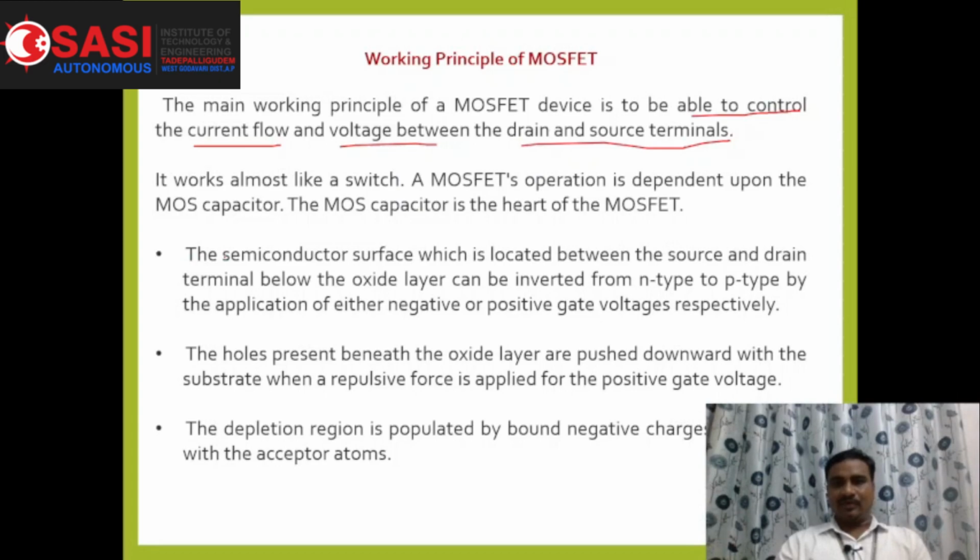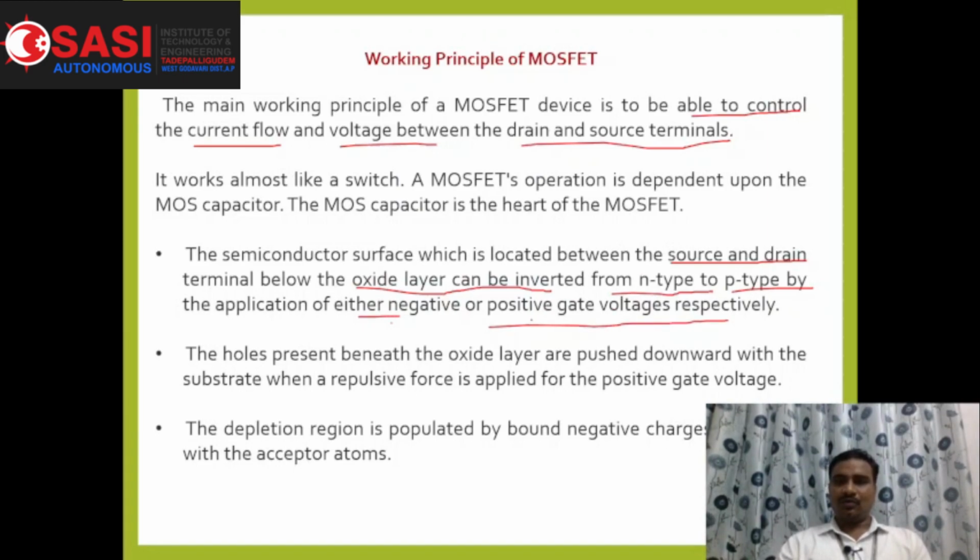What are the important points in the working of a MOSFET? We will see that. The semiconductor surface located between the source and drain terminals, below the oxide layer, that is the silicon dioxide layer, can be inverted from N type to P type by the application of either negative or positive gate voltage respectively.